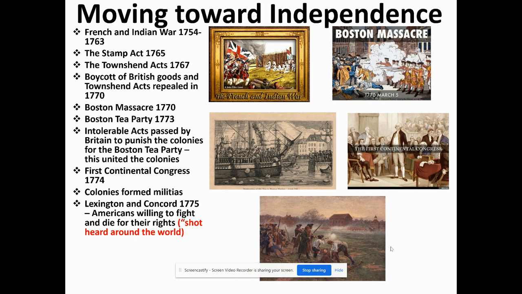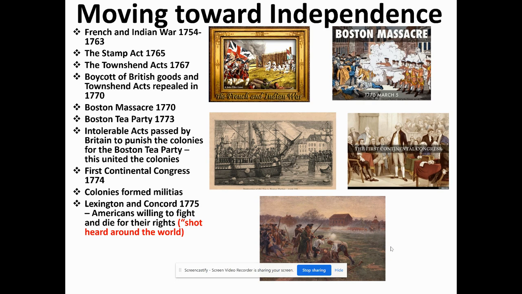This is a protest to send a message to the British about the taxes and how they feel that they're being treated shamefully by the British. All right, so they will sneak aboard. They will take the tea that's on board. Remember, tea is a huge commodity that comes from Britain to the colonies.